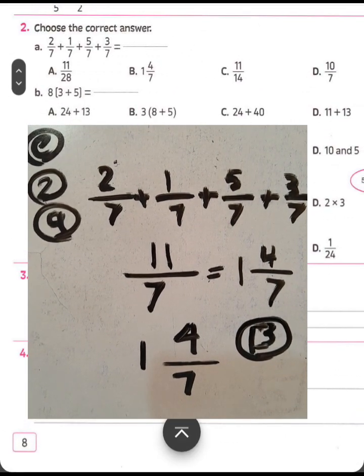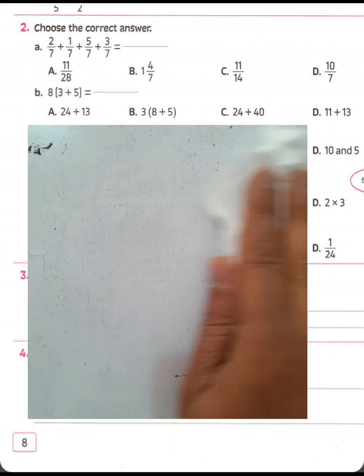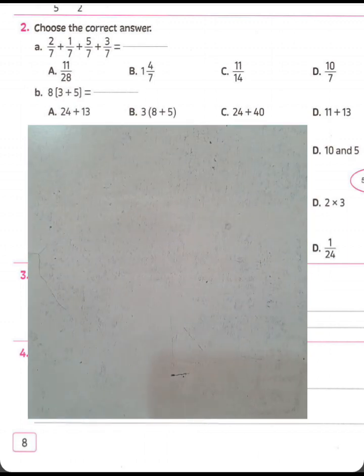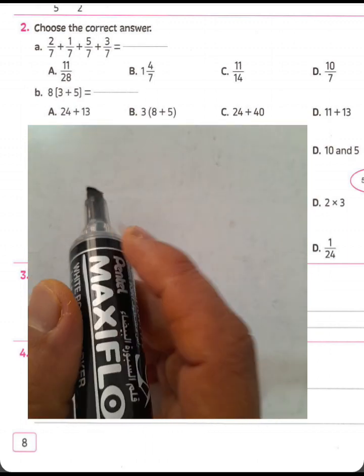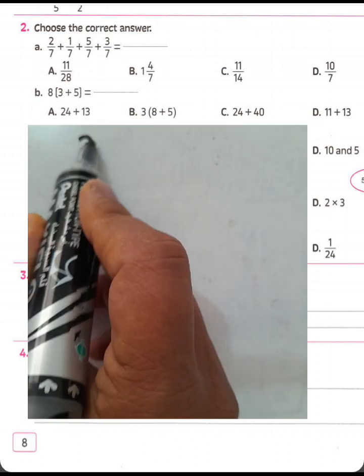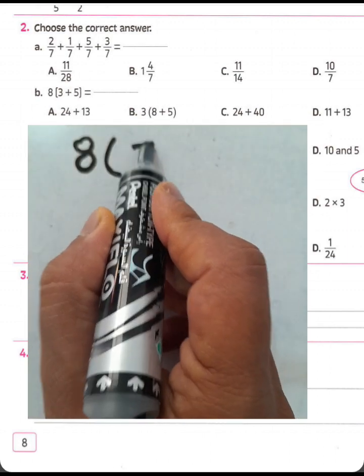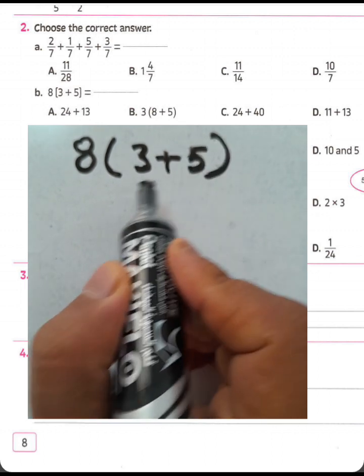Question B. 8 times 3 plus 5 in parentheses.